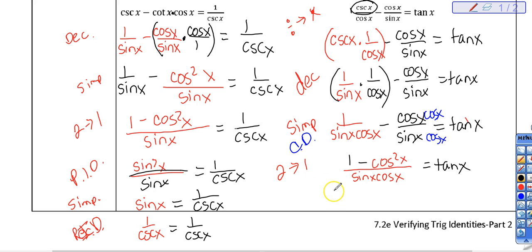Now let's use a trig ID. What do you see? Right here, right? So that is a Pythagorean identity, right? So PID gives us sine squared x over sine x cosine x equals tangent x.